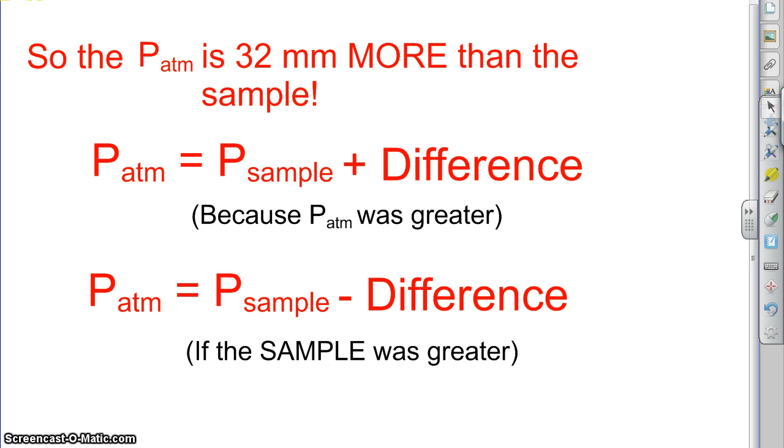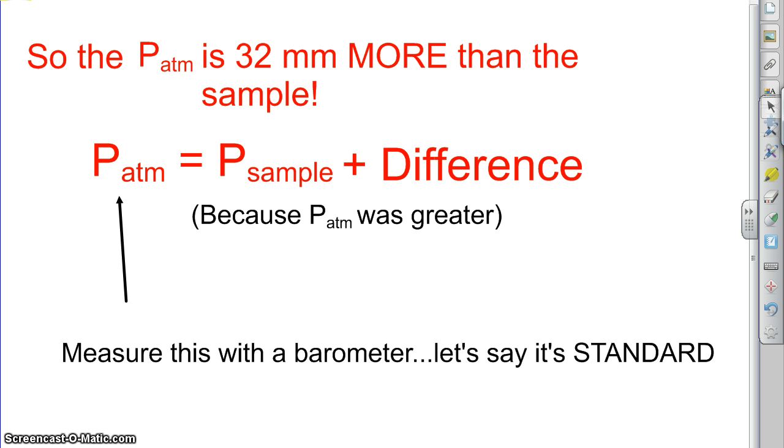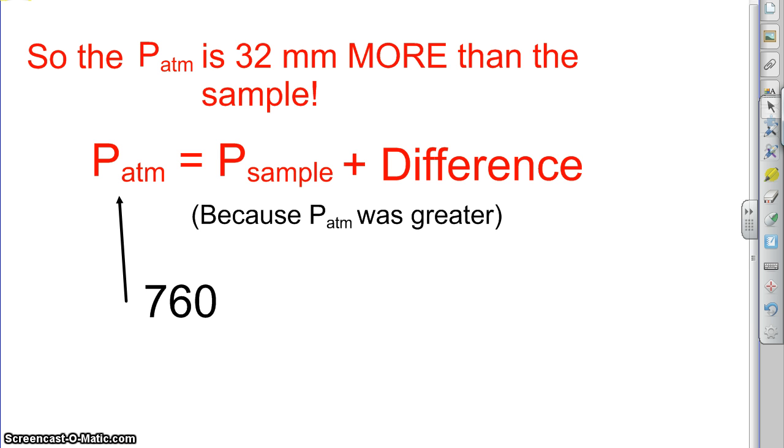So how are we going to do this? Well, let's plug in what we know. Let's go ahead and measure the atmospheric pressure. Let's get a barometer and measure it, and let's pretend in our imaginary example that the air pressure is standard on this day. So that is 760. Our sample is what we want, and we know that the difference is 32 because we measured that.